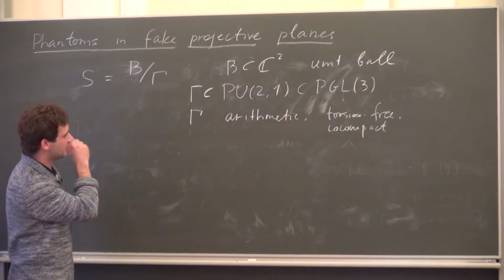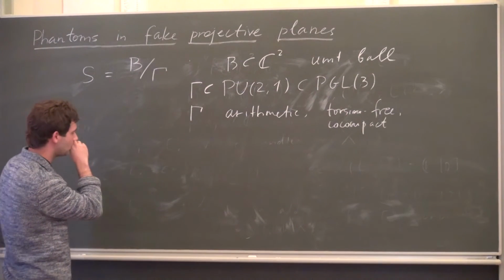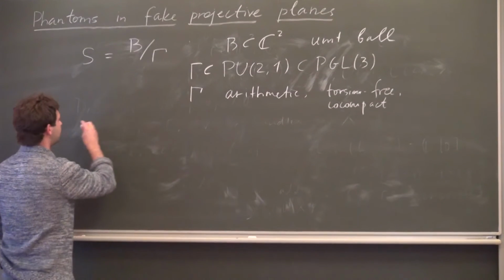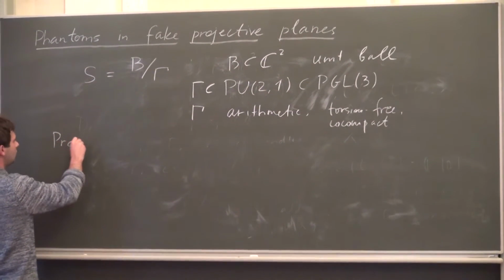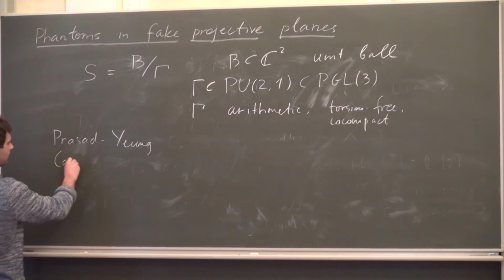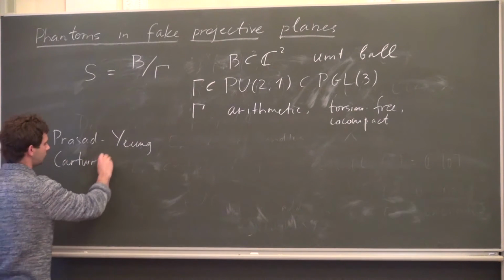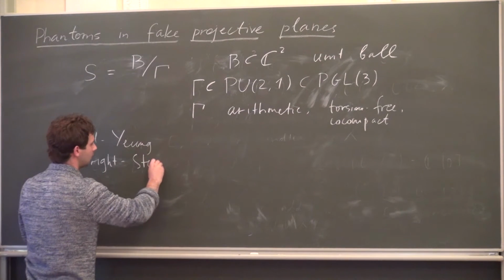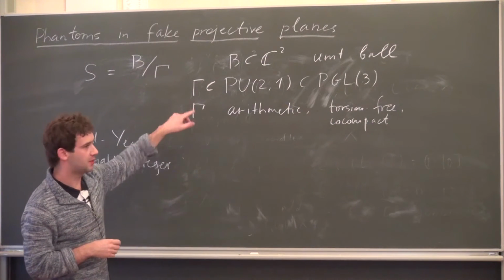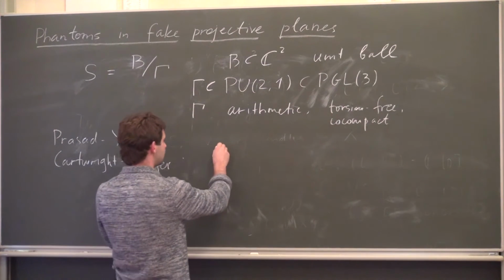Finally, all such Gammas were classified by Prasad and Yeung and Cartwright-Steger. They gave a complete classification for these Gammas into 50 isomorphism classes.